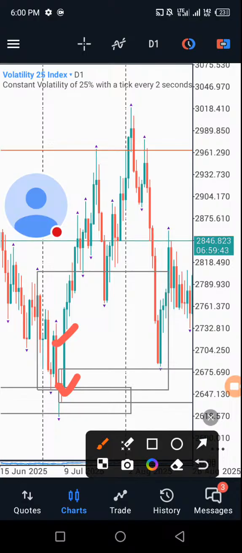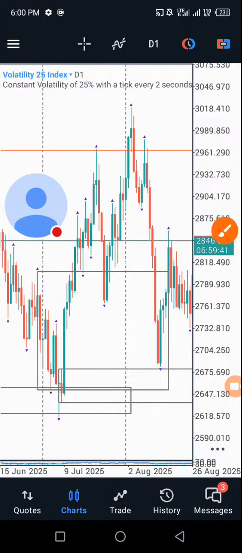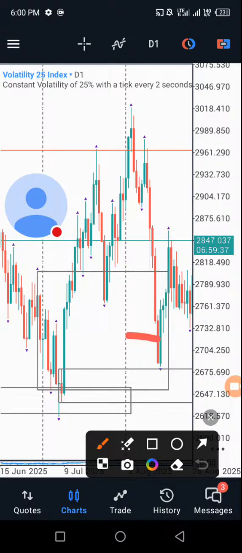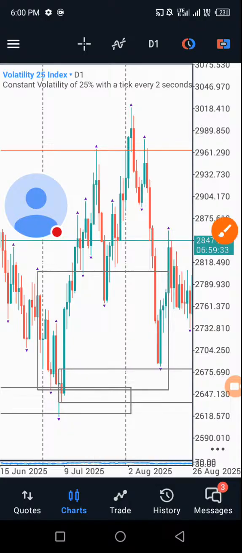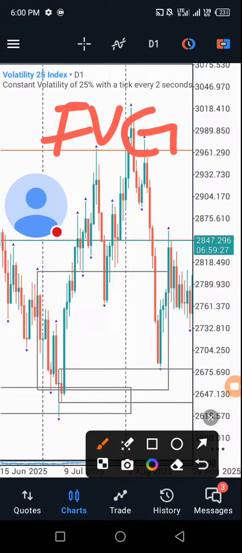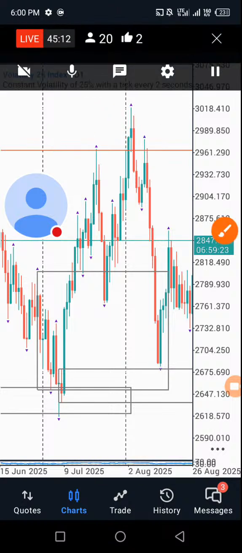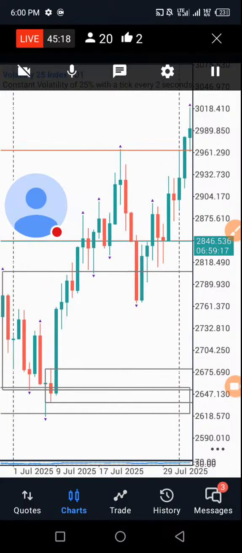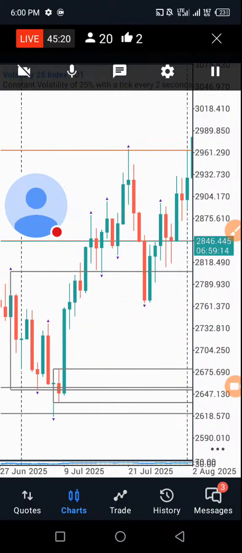Now, the reason why price actually came here and started turning upward here, if you look very well, you will notice that we have an FVG, a fair value gap, like an imbalance, right? So we have a fair value gap in the market. You can see it here.